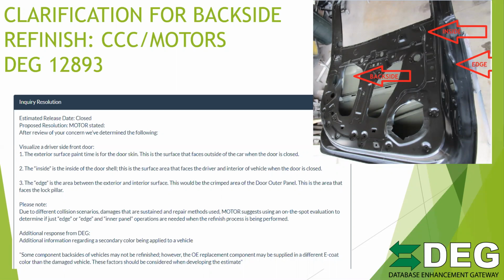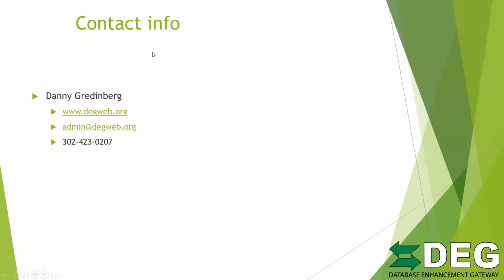You may not be using a refinish product, but maybe a corrosion protection product of some sort, such as a primer, e-coat type color, or an epoxy back there for corrosion protection purposes. And more and more OEMs are starting to define what needs to be done on the backside of these panels during the repair operations.